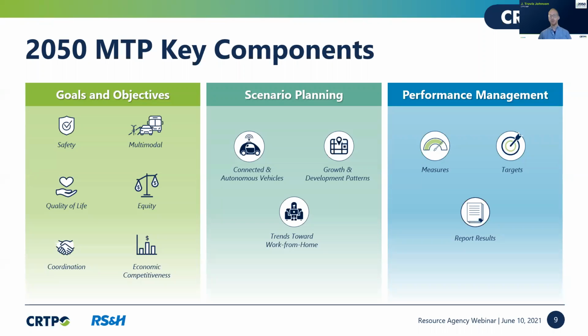And then we also look at different scenarios that can be happening. So we look at your land use plans. If there's a new comprehensive plan you're working on, are there existing plans we need to evaluate, your unified development ordinances. We look at possible technology trends, with the coming of autonomous vehicles, scooters showing up.